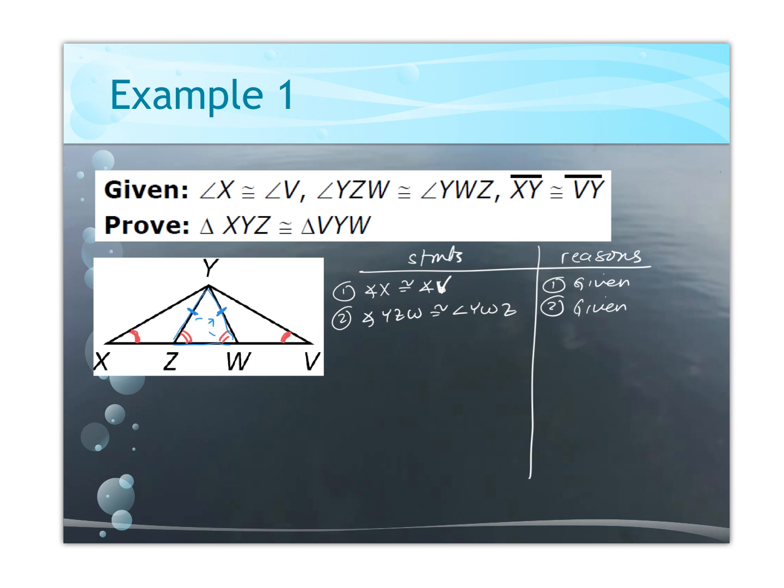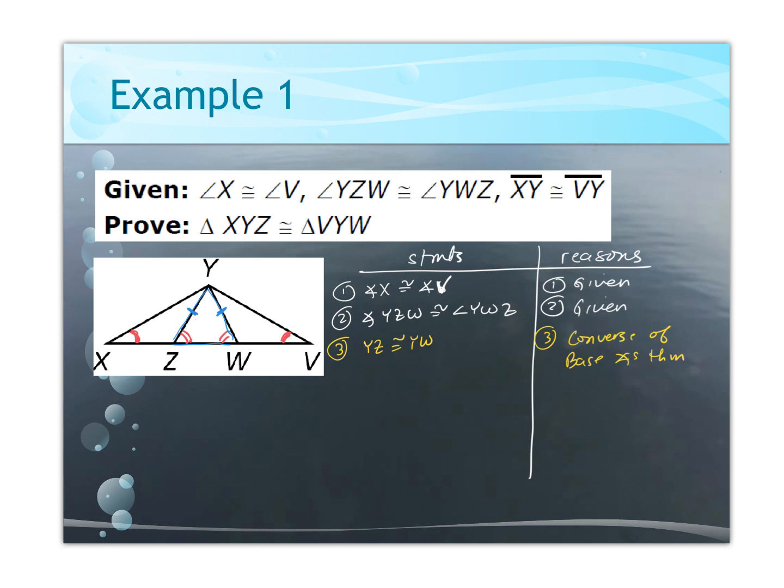So I can say in my proof now, this is my first part that I'm doing on my own, that YZ is congruent to YW. And the reason that those two sides are congruent is because of the converse of the base angles theorem. If you remember, the base angles theorem says that if two sides are equal, the base angles are equal. And the converse says if the base angles are equal, then the sides are equal or congruent.